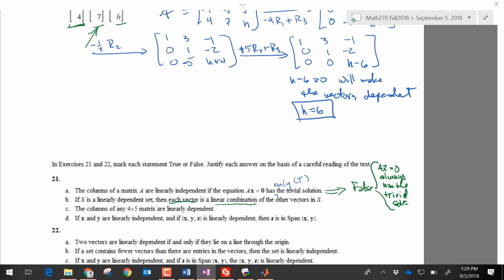Yeah, but if it's equal to 0, then you can solve for, like, move the other vectors around. Linearly dependent, right?